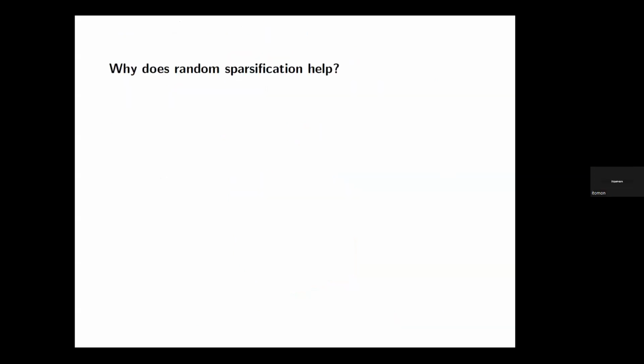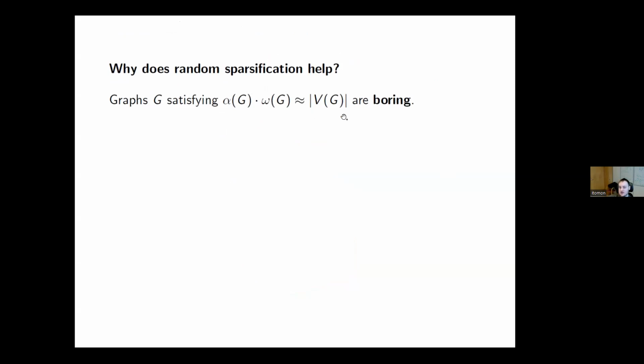So why does random sparsification help? What's the idea behind this? Suppose that you have a graph whose independence number, alpha(G), times the clique number, omega(G), is roughly the number of vertices, or even larger. We think of these graphs as boring because they are very easy to construct.